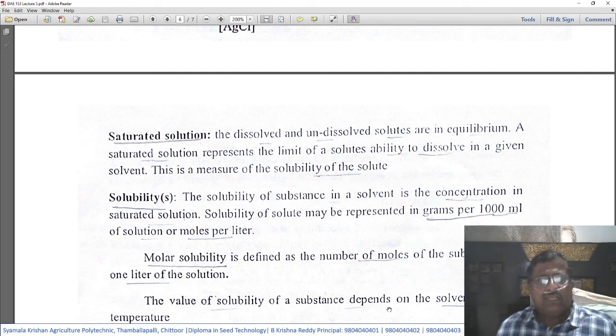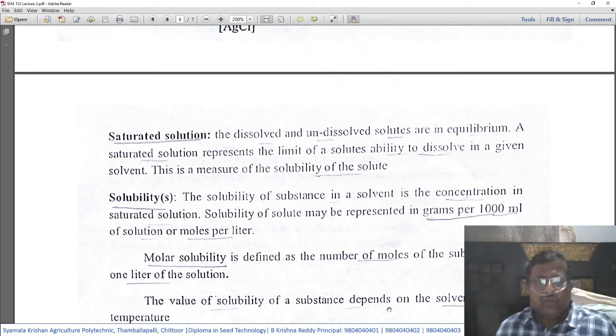A saturated solution represents the limit of a solute's ability to dissolve in a given solvent. What is a saturated solution? If you add some more solute to it, it will not improve the dissociation further. So it reaches its peak stage.